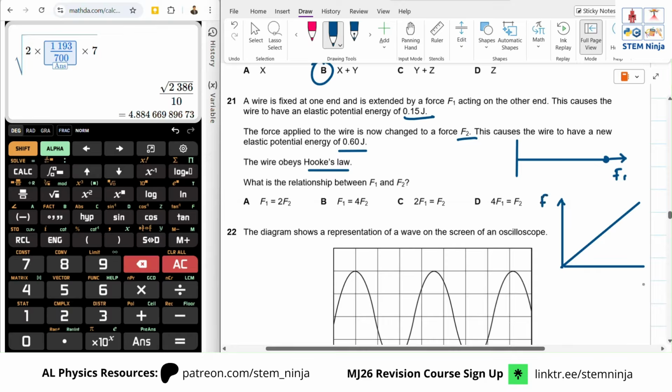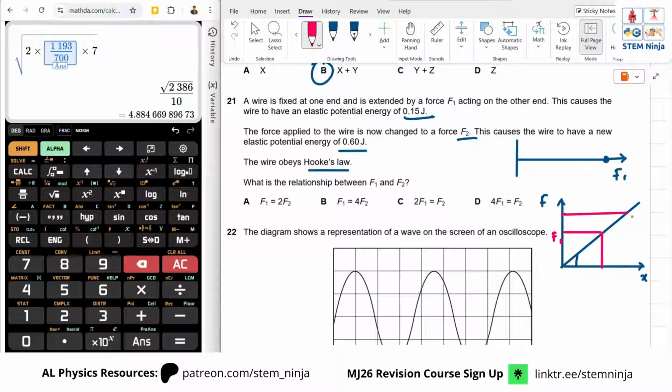So this is your force, this is your extension. So there is a force F1, and then there is force F2, X1, X2.